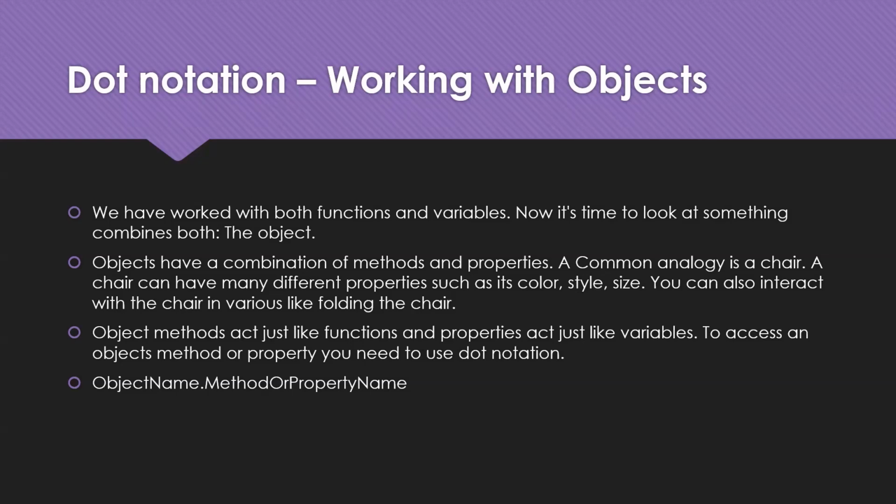So maybe it's a folding chair, and so it has an action called fold, where you fold it up. And so the idea is that these properties are essentially variables, and the methods like folding are just like a function. It's not exactly, but I think for your purpose at this point, they're the same.